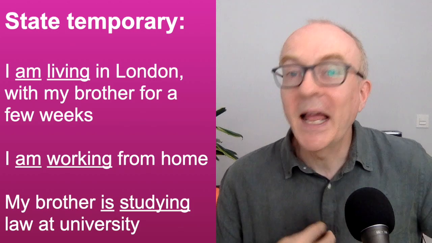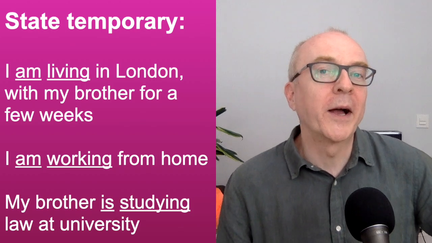But I would say I work from home. Why? Because for me, it's my job. I permanently work here. I work from home, right? It's a permanent state. I always work from home. But somebody who does it temporarily might say, well, I'm working from home for the month of August.